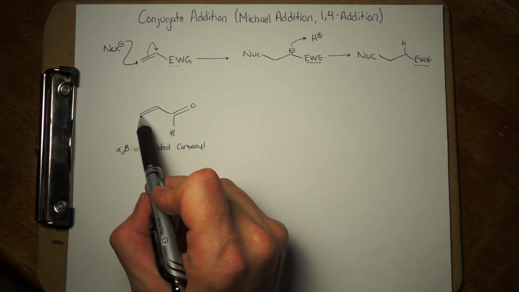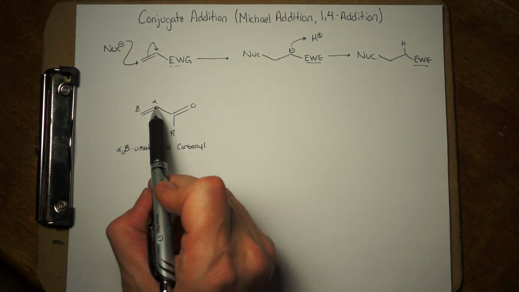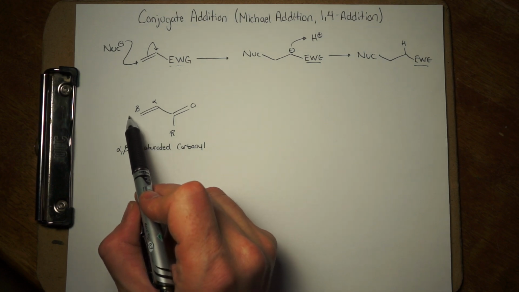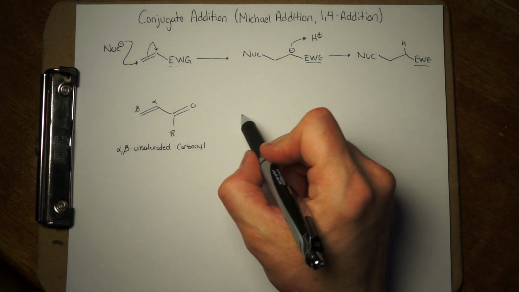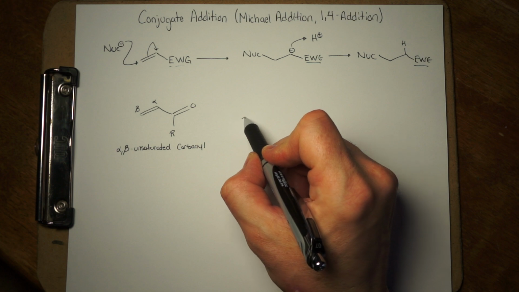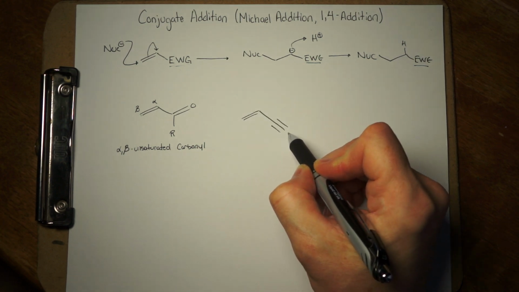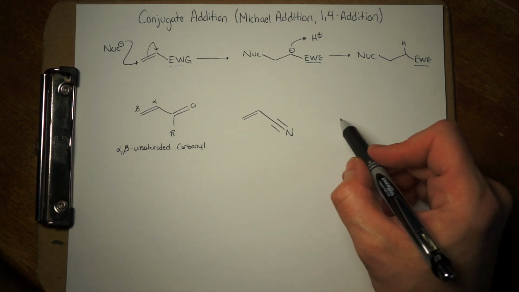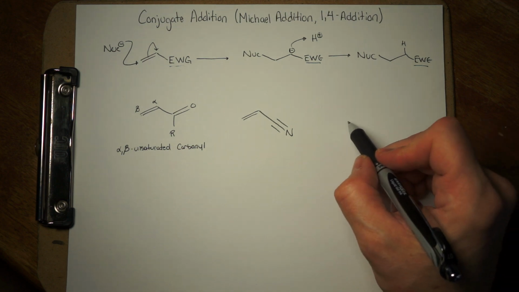You can imagine if we add a nucleophile to this beta position, and this is why it's called an alpha-beta unsaturated carbonyl, that's going to allow us to push that electron density all the way up to the carbonyl oxygen. Similar to an alpha-beta unsaturated carbonyl are going to be alpha-beta unsaturated nitriles. And we also have alpha-beta unsaturated nitro systems.